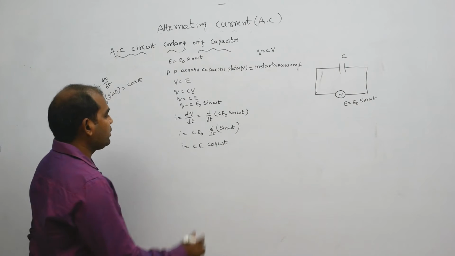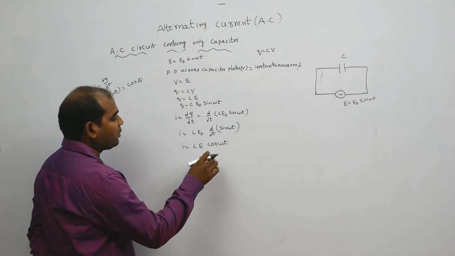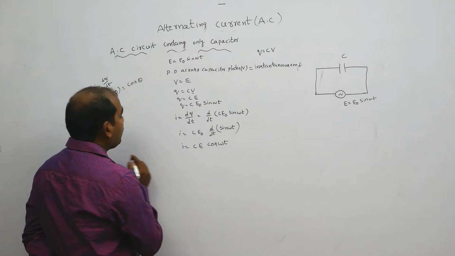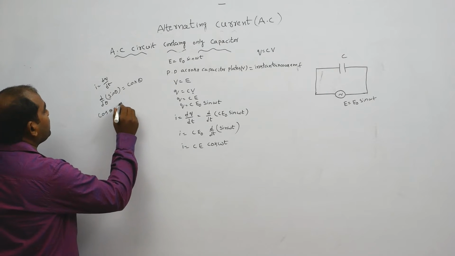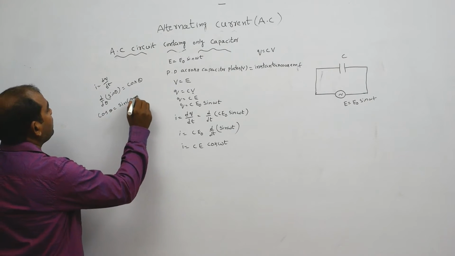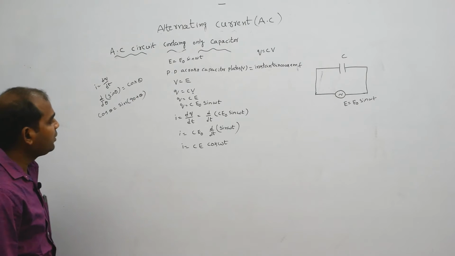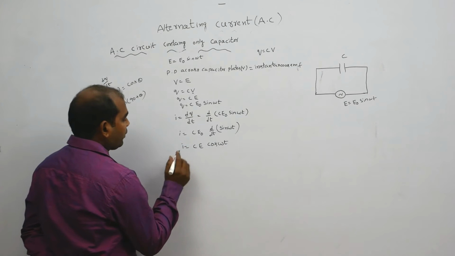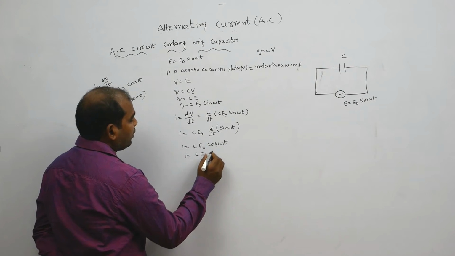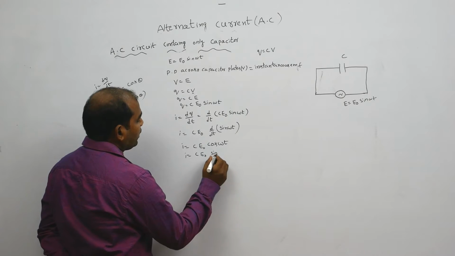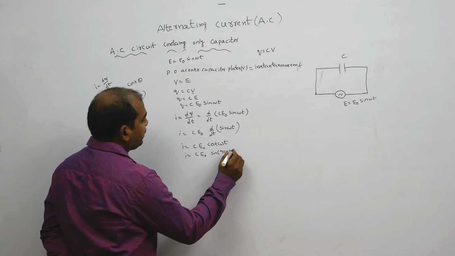This cos function can also be written in terms of sin: cos theta can be written as sin of 90 plus theta. In the same way, I equals C E naught cos omega t can be written as sin of 90 plus omega t.